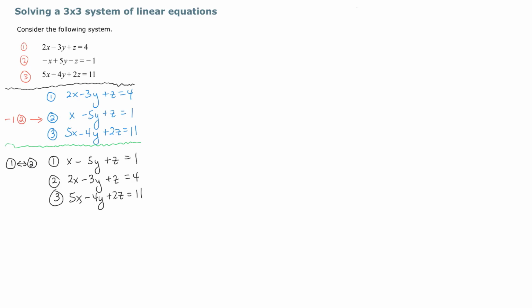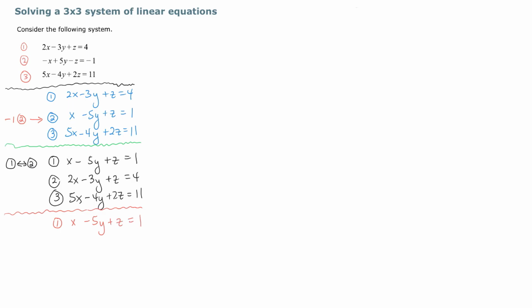Now that we have the leading 1 in the very first row, we are going to keep the first row. So I'm going to first take equation 1, take that same equation.